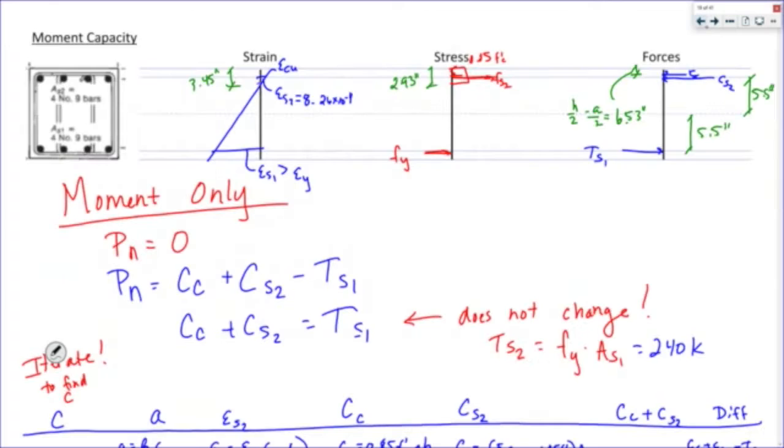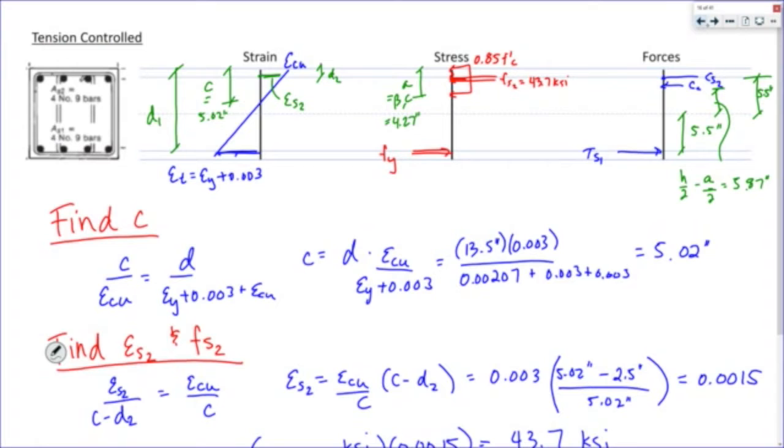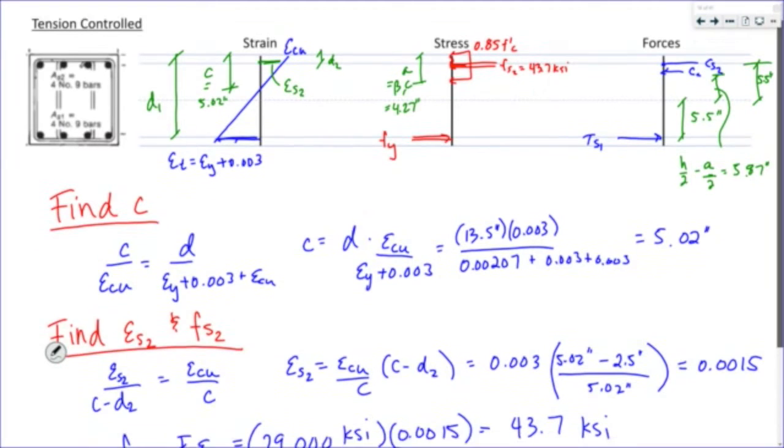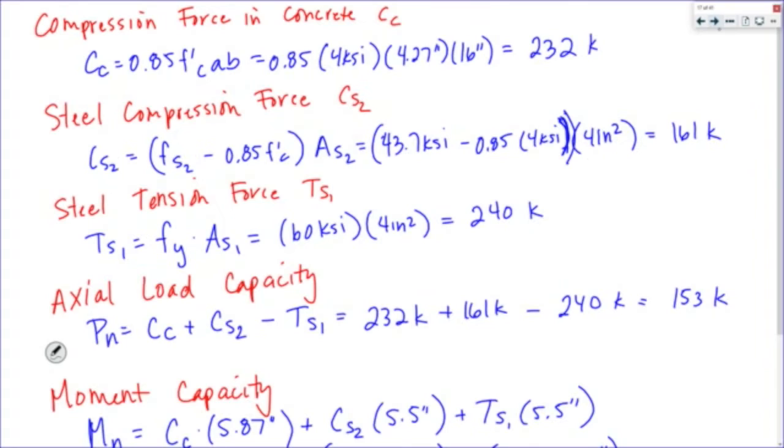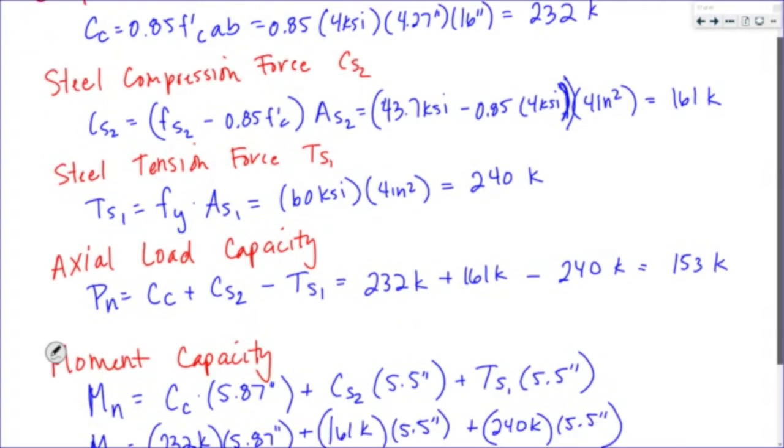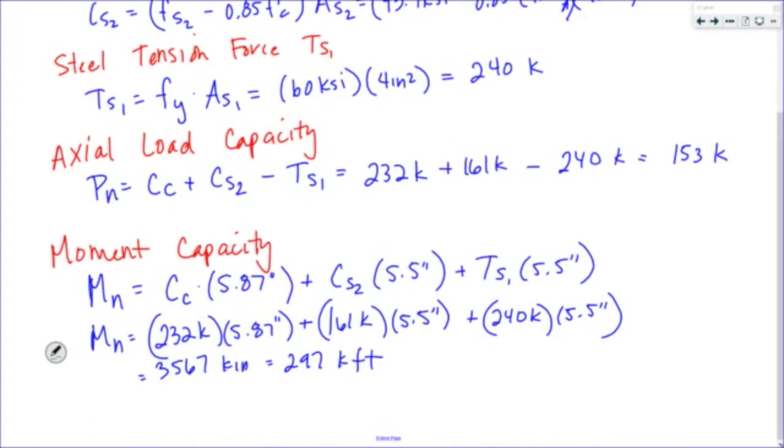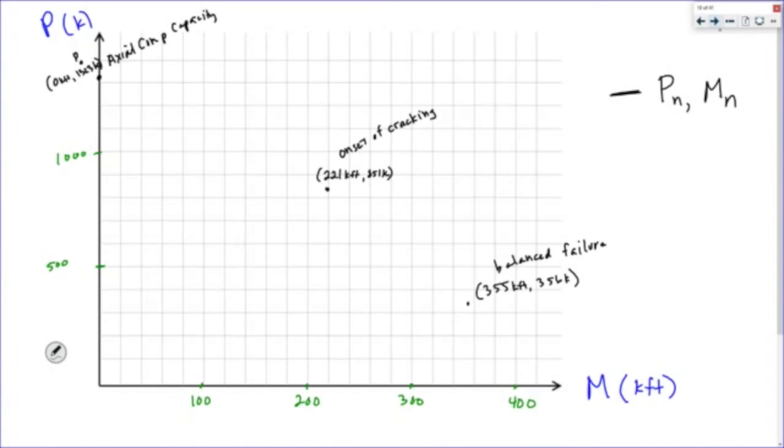Next is tension controlled. Axial capacity of 153 kips and 297 kip feet. So 297 kip feet, 153 kips, something like that.